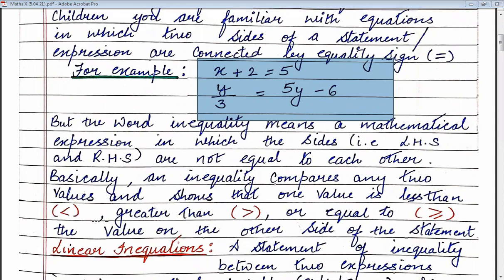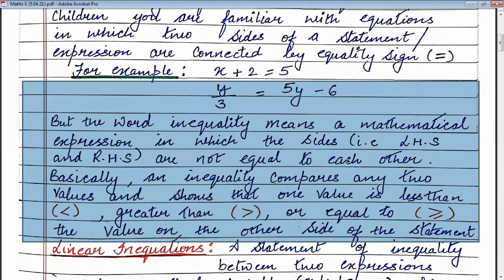So what is the meaning of inequality? Inequality means that when left hand side and right hand side are not equal to each other. Basically, an inequality compares any two values and shows that one value is less than, greater than, or greater than equal to the value on the other side.